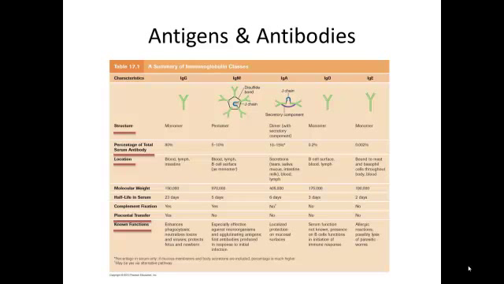Location, IgG is mainly found in blood and lymph, the fluid portion. So is IgM. There's just less of it. We're going to talk about this more when we talk about their functions. IgA is found in secretions, tears, saliva, mucus, milk. IgD, for the purposes of this class, is going to be the same as the B cell surface receptor.